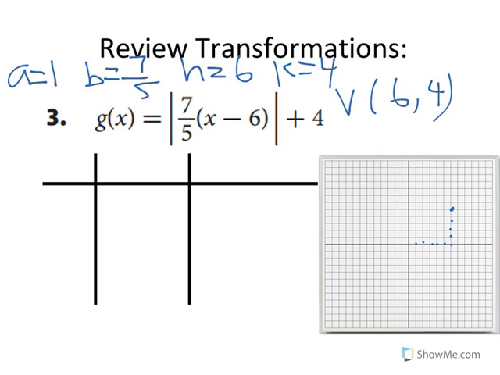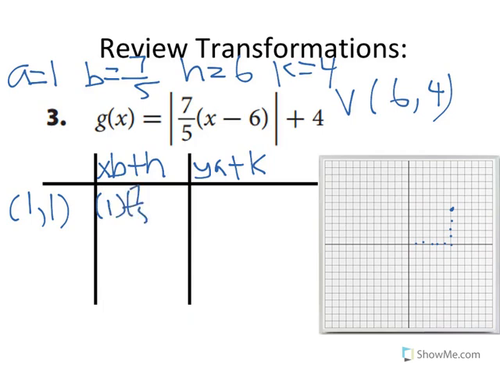Okay. So then point (1, 1) will go to (xb + h, ya + k). So we can do 1 times 7/5 plus 6 and 1 times 1 plus 4.